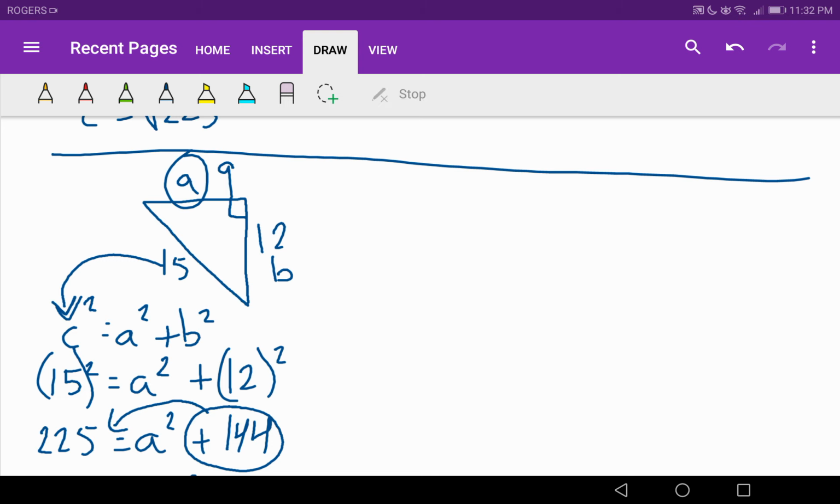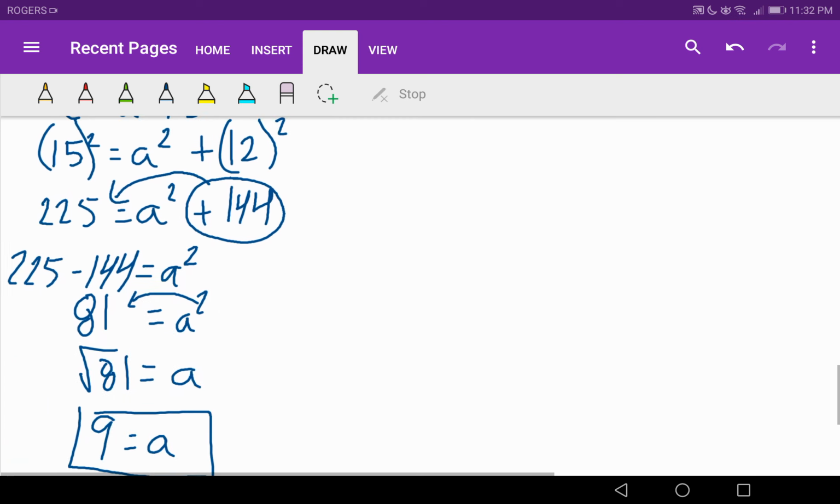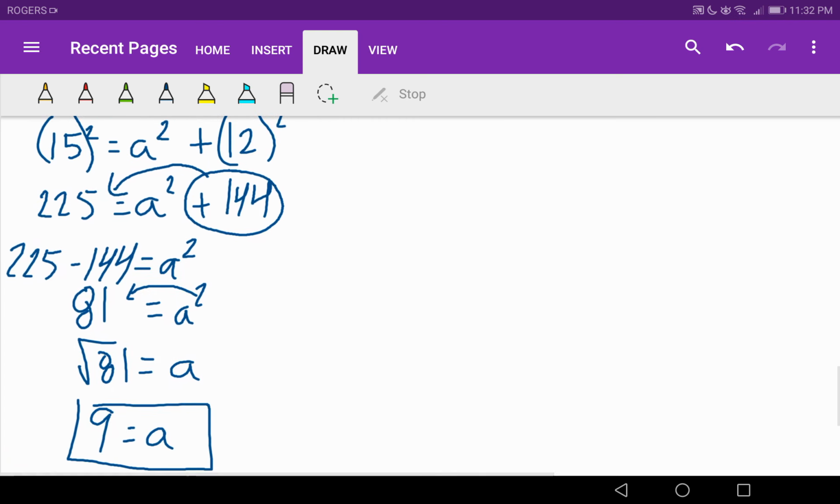When solving A or B, you have to do this one additional step right here where you bring over whatever you're adding. If it's plus 144, you're subtracting it on the other side. So you're doing this additional step, okay?